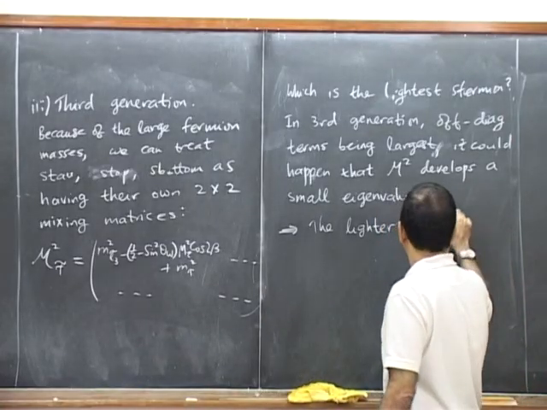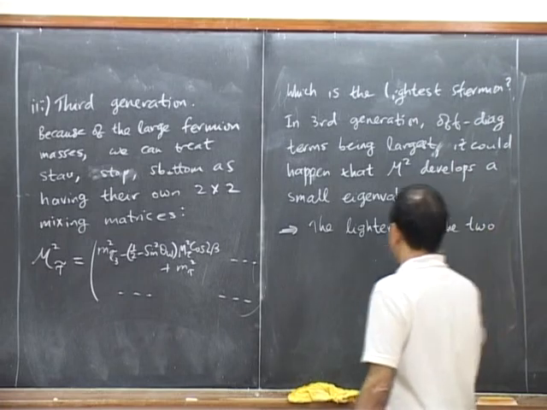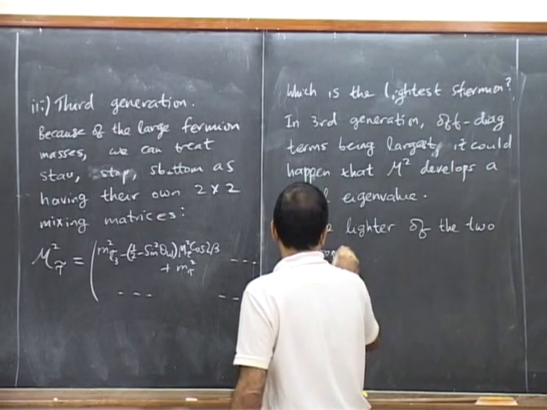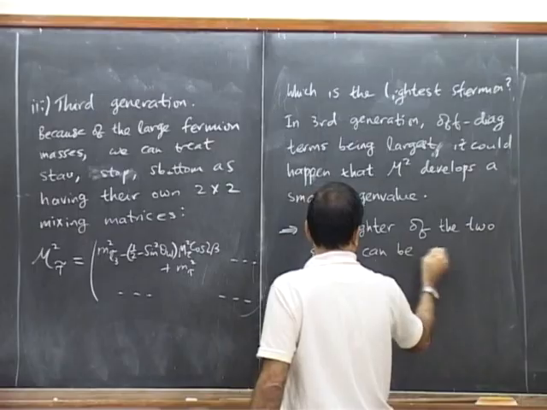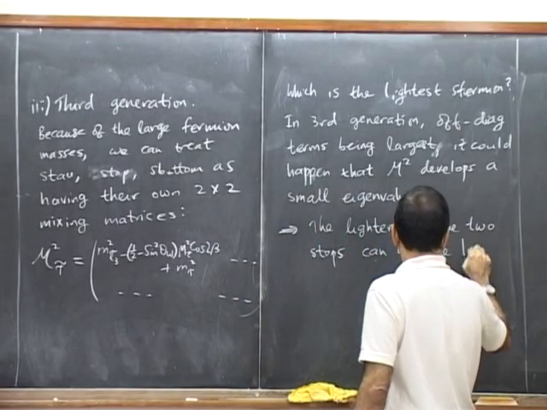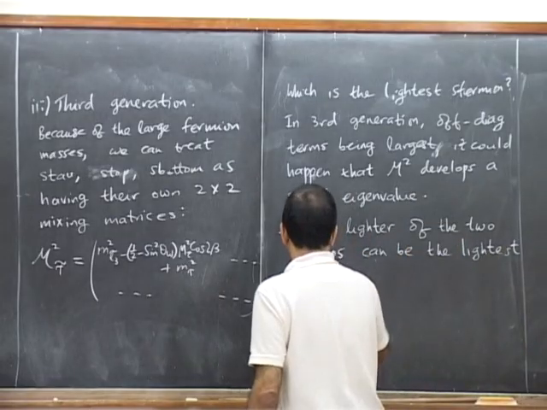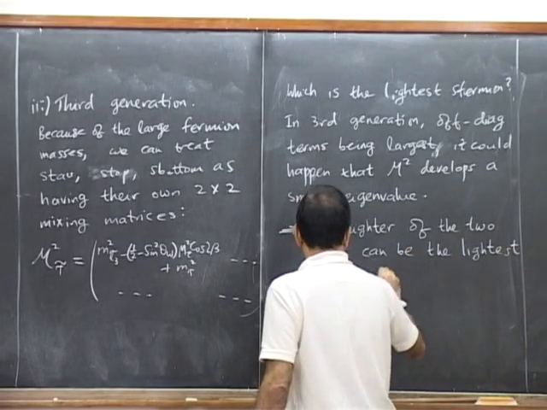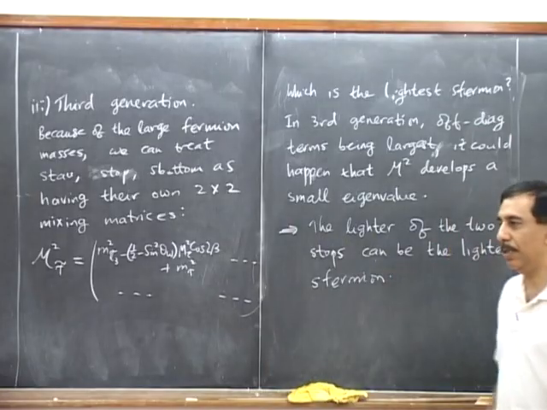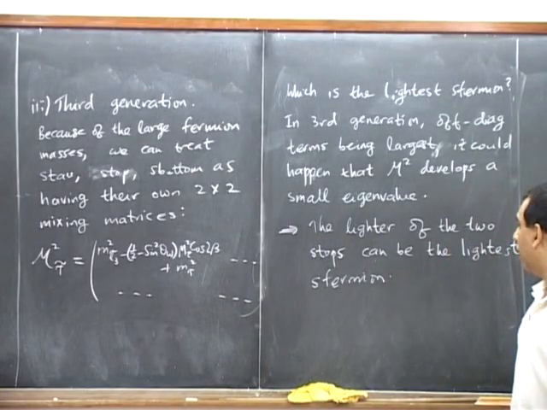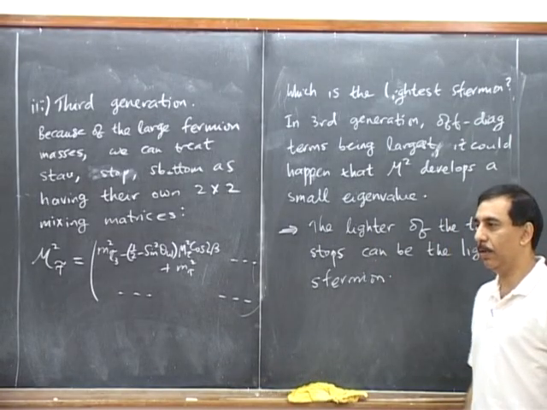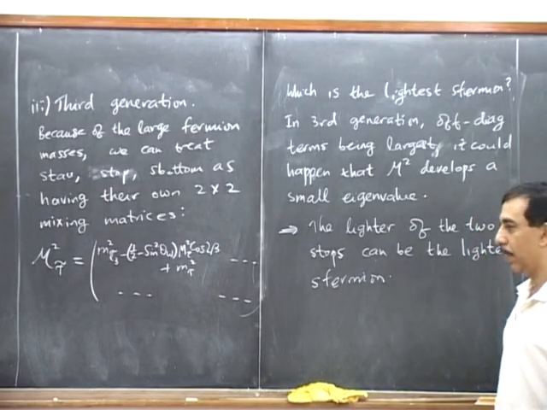So there's a lighter of the two stops, and this can be the lightest fermion. That doesn't automatically mean it's the lightest supersymmetric particle, because there are K-genos and there are other particles. But among this fermion sector, this has a good chance to be the lightest one.